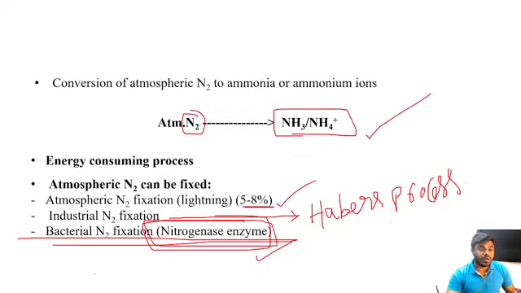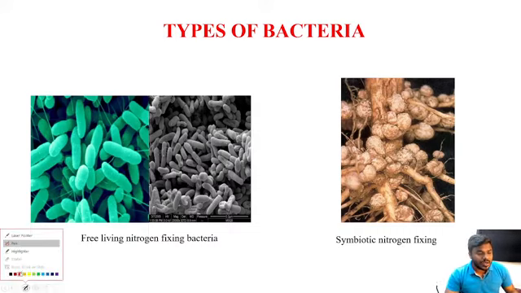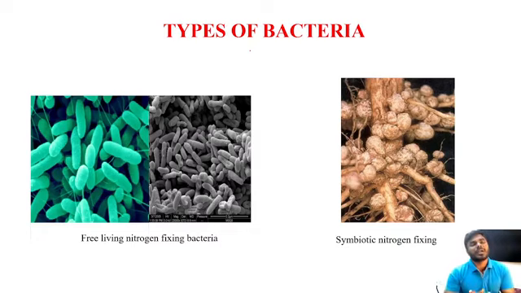Now let's try to understand elaboratively what are the different types of bacteria that are involved in this particular nitrogen fixation. Friends, all the bacteria which are involved in nitrogen fixation, listen to me friends, are broadly categorized into two types. One we call free living nitrogen fixing bacteria.